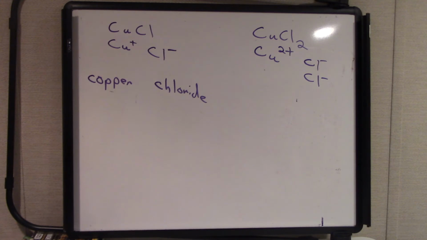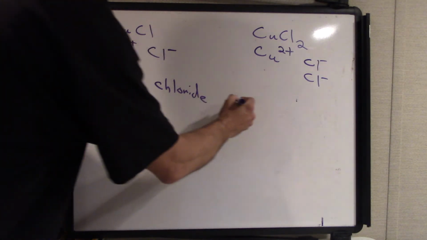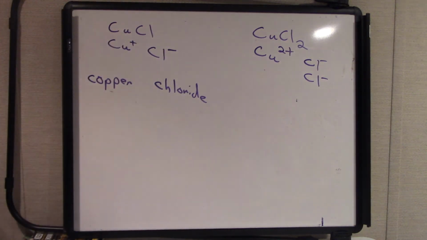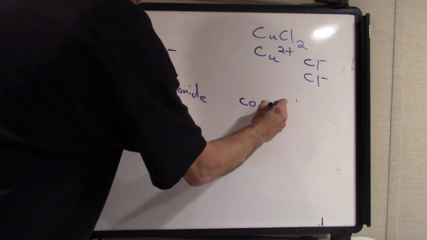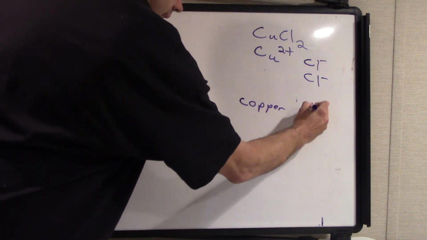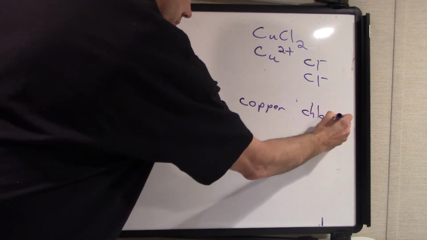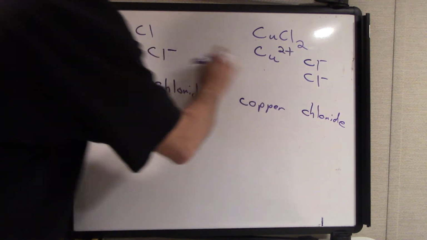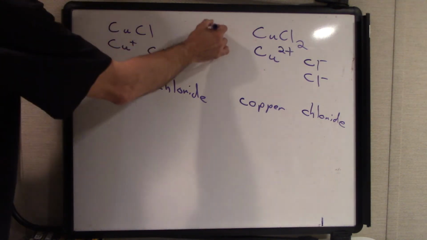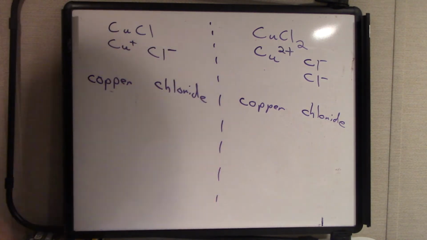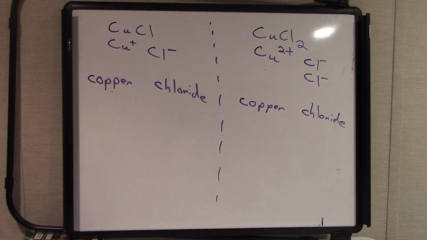So now I'm going to write the name just based upon the rules we talked about so far, and you're going to see we have a problem. Positive ion first, negative ion second. So I'd get copper chloride. And here you see the problem that we have. So far, for each of these compounds, I have the same name.